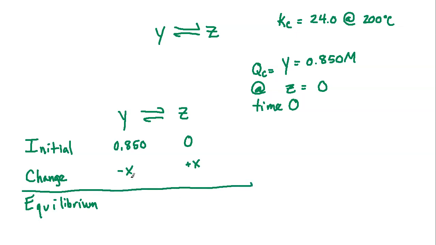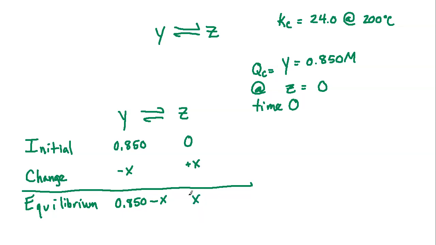So then we find out what we have at equilibrium. Well, at equilibrium, we started with 0.850, and we've lost some amount x. So we can say at equilibrium, Y's molarity will be 0.850 minus x. We're going to have to solve for x. And then, of course, Z, 0 plus x, is just going to be x.